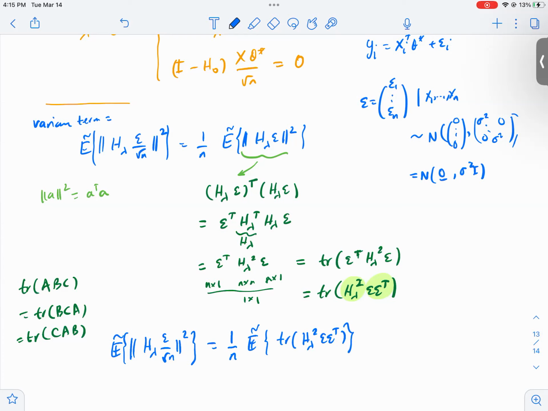So why did I introduce the trace? Because trace is a linear operator. Can anyone tell me what comes next?